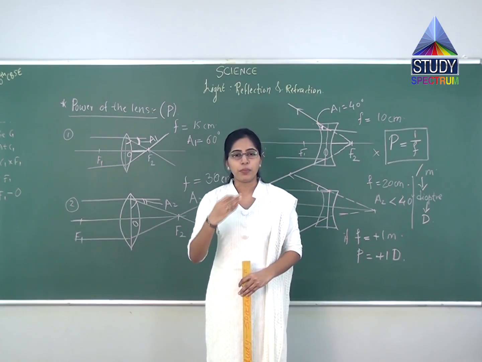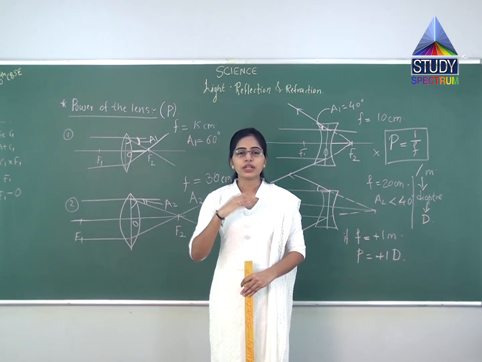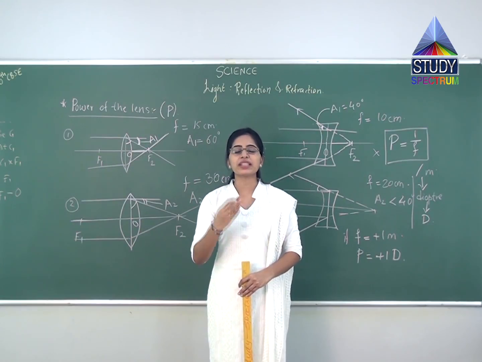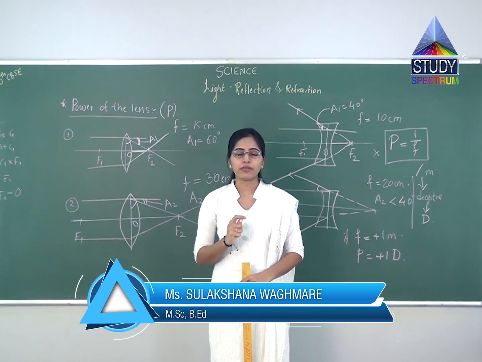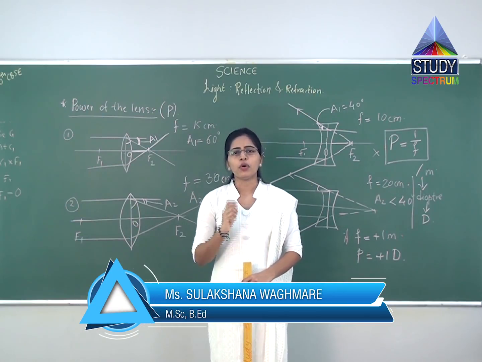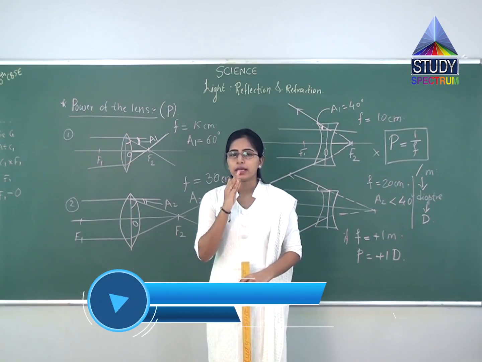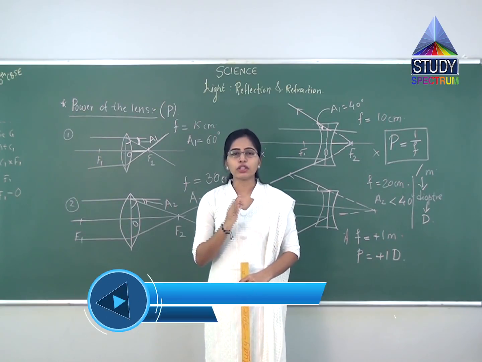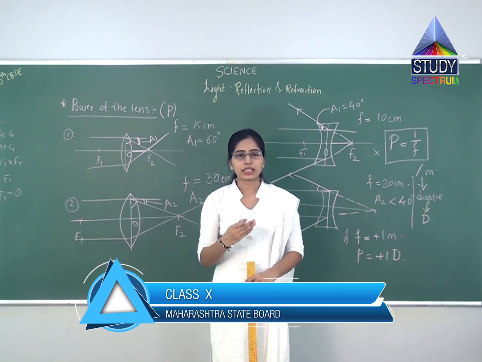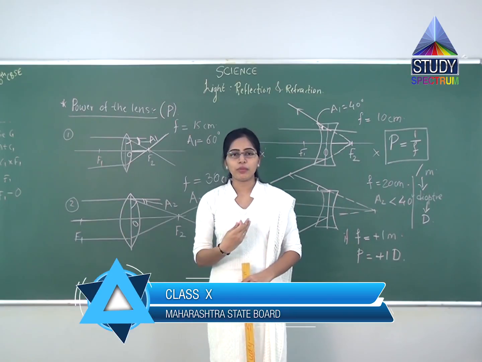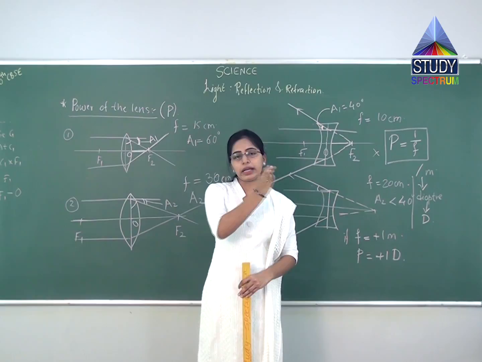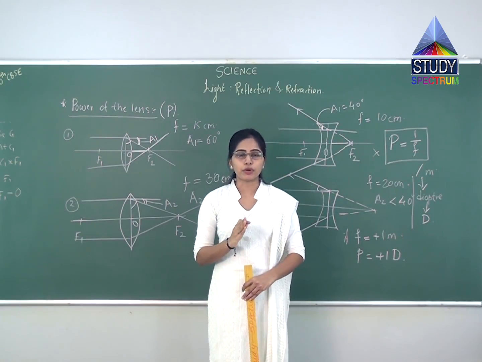That means the person will have to wear a convex lens, because convex lenses have plus power and concave lenses have negative power. Why is it so? For convex lenses, the image is formed on the right hand side. That's why the distance of the image is always taken as positive, and the focus lies on the right hand side. That means power will be positive.